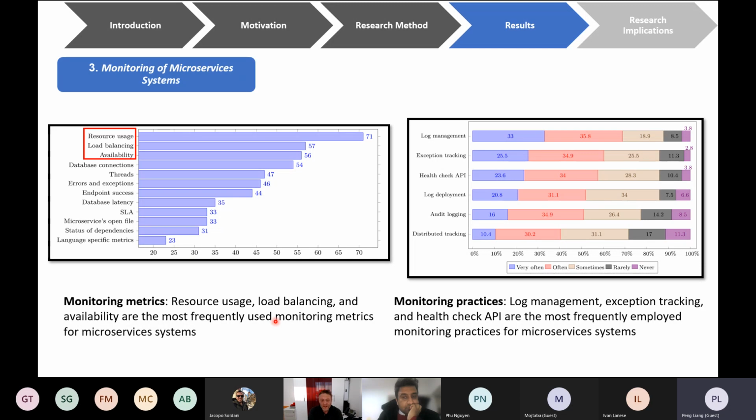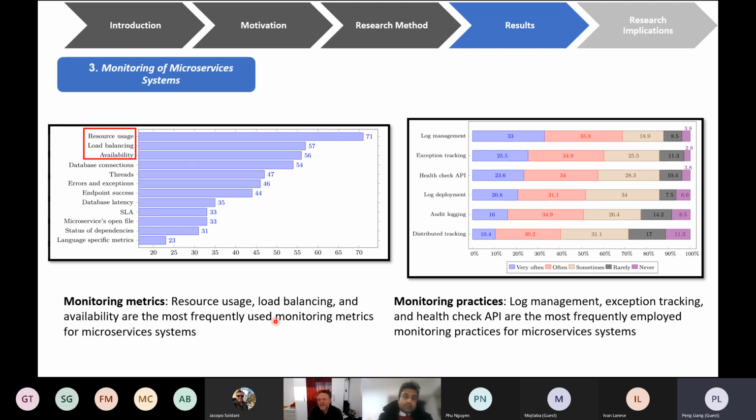Then in the interviews, we asked a question in order to understand the reasons behind using these monitoring metrics. The interviewees, of course, confirmed that they mainly use metrics such as resource usage, load balancing, and availability.